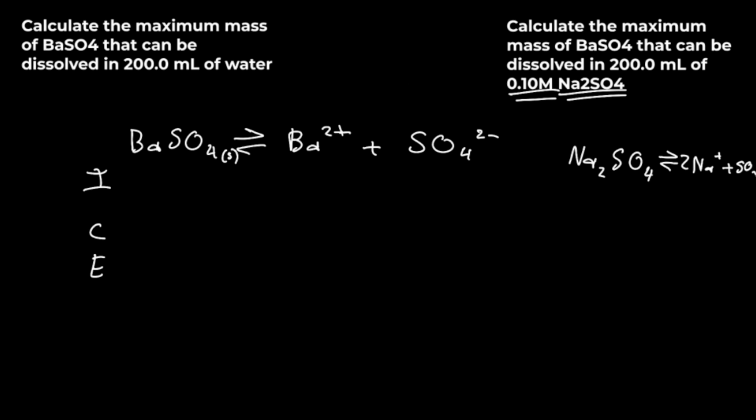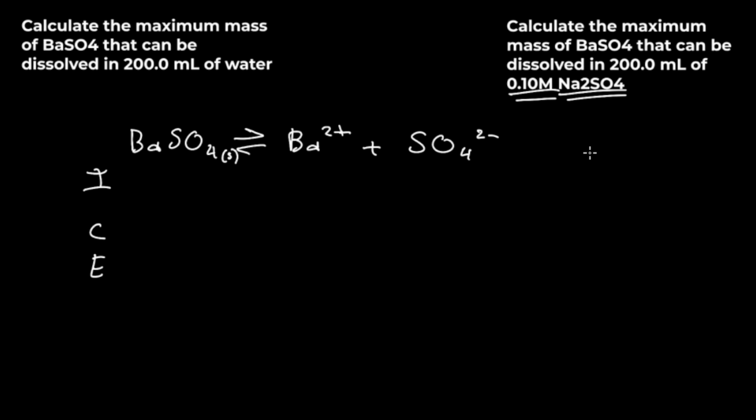So that tells us it's also going to be 0.1 when these ions dissolve in the solution, because we already have a solution of Na2SO4.